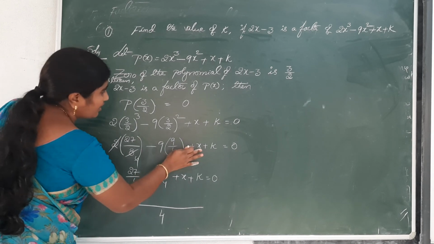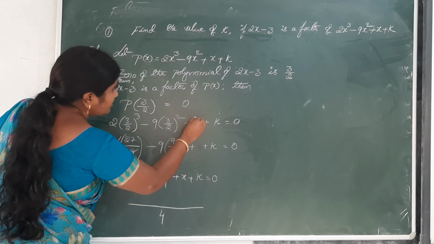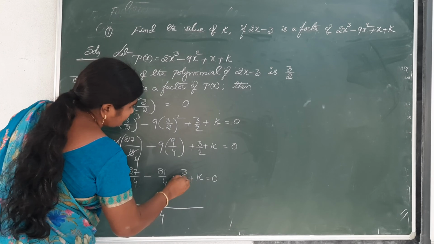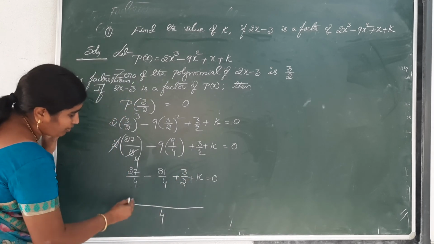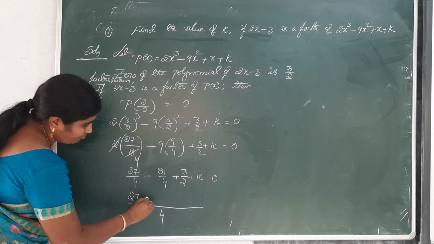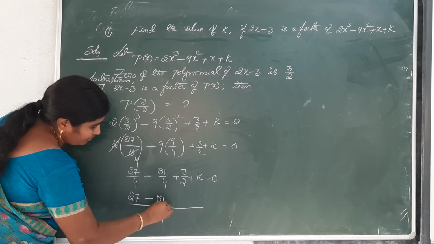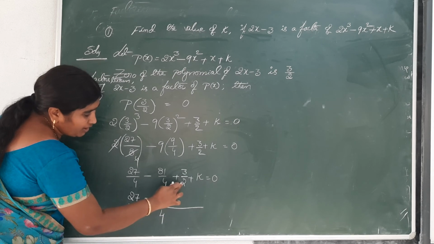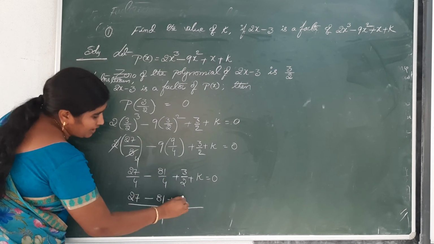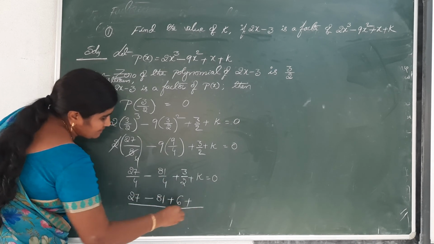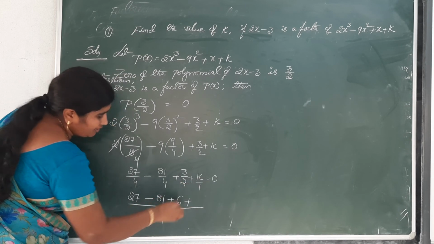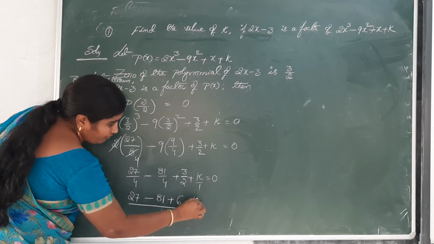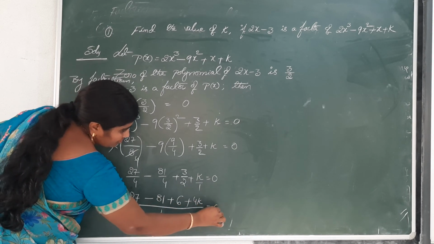Here x value is 3 by 2. LCM is 4. 27 minus 81 plus 2 2s are 4, here denominator 4, 2 2s are 4, then 3 2s are 6, plus here denominator 1, 4 1s are 4, 4 into k, 4k equal to 0.